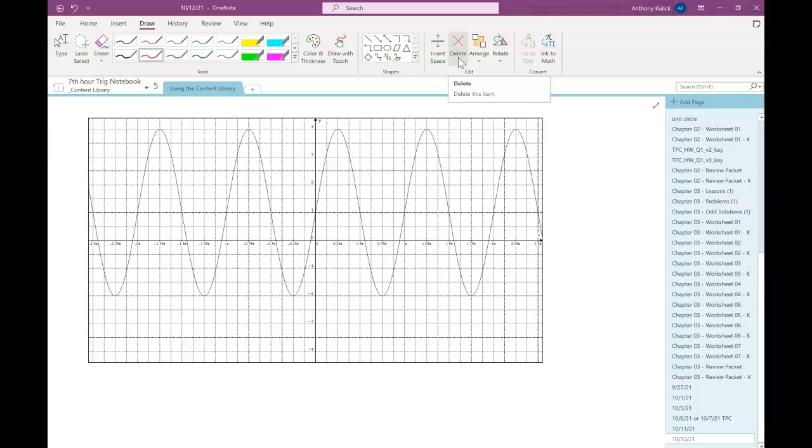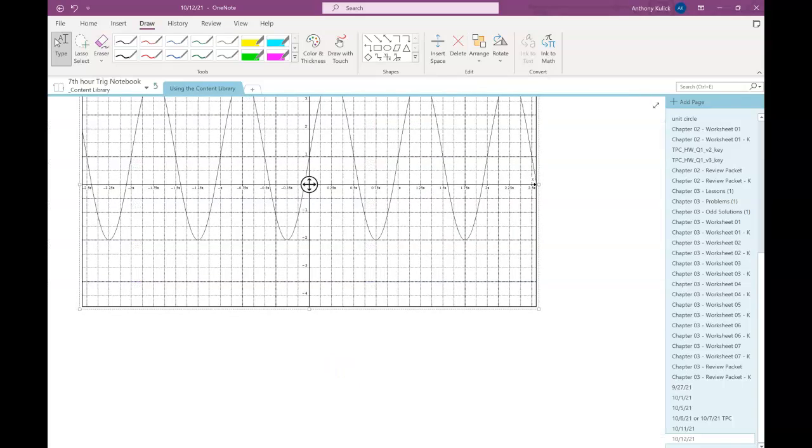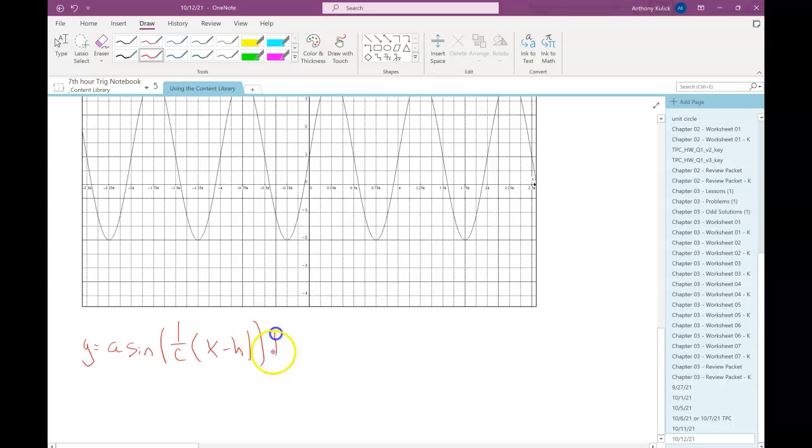So basically what it comes down to is I want to find the values for A, C, H, and K, and write either a sine equation or a cosine equation from that. Everybody's okay with that idea? That's kind of our goal.